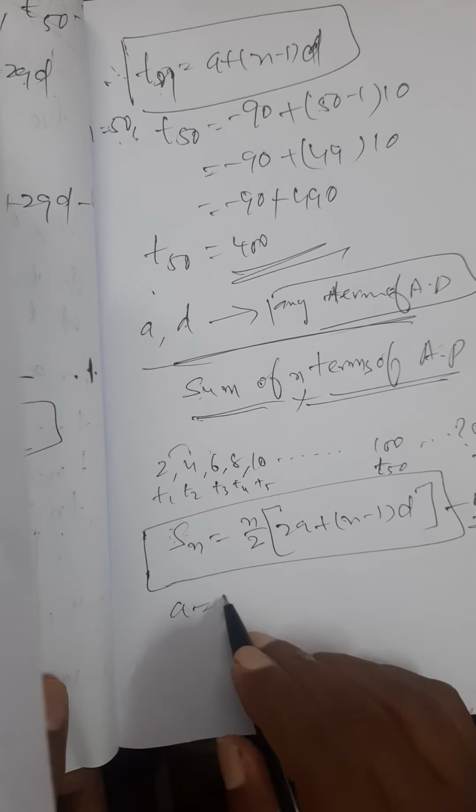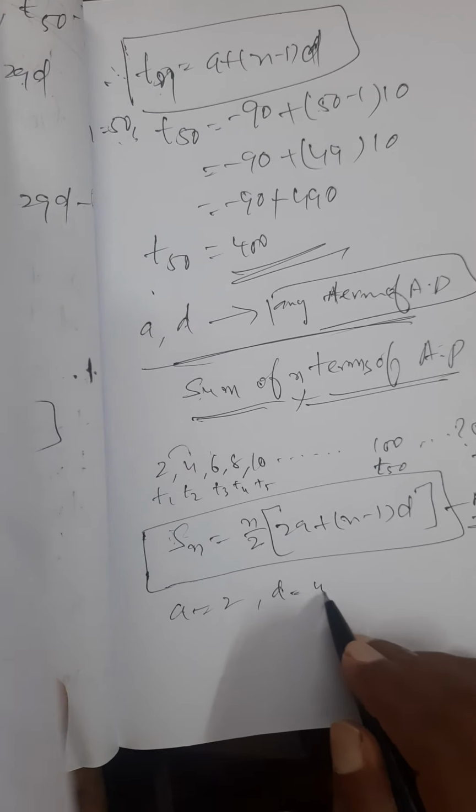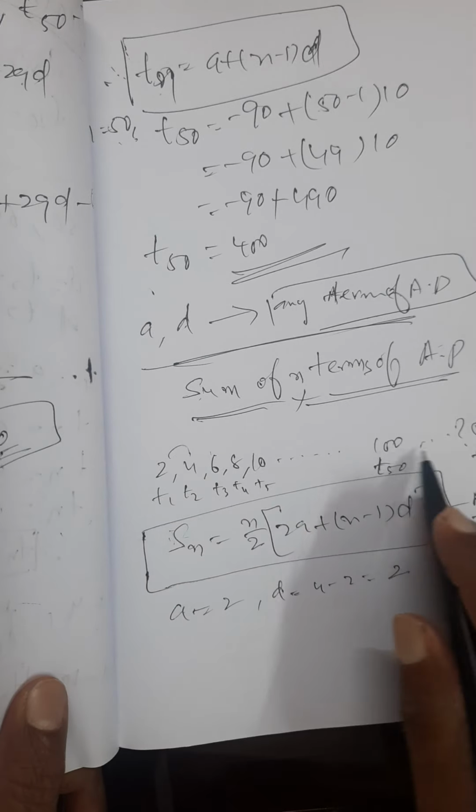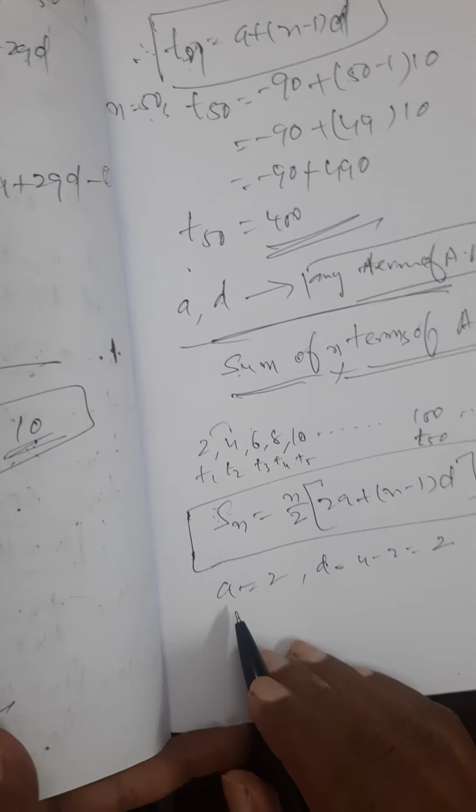Now suppose a series is like that. The first term is 2, and d is 4 minus 2, that is 2. The common difference is 2, the same for every term, and we want the sum up to n terms.